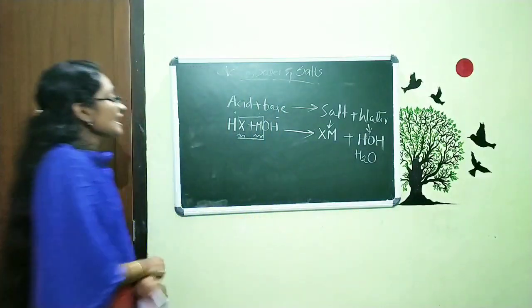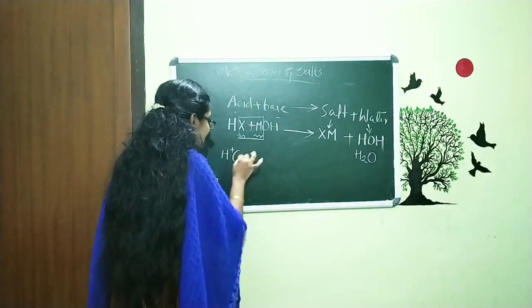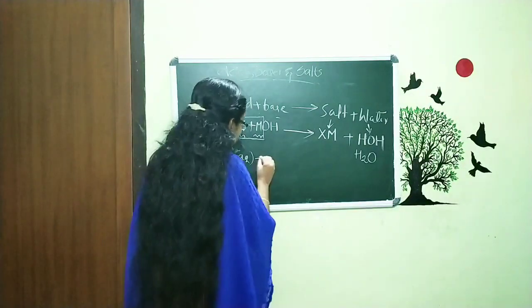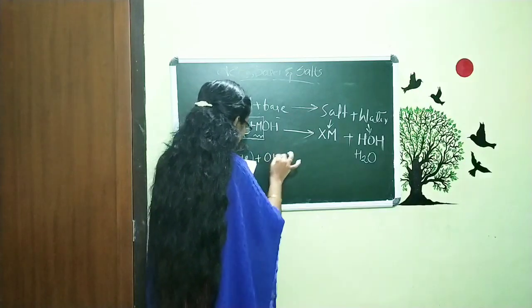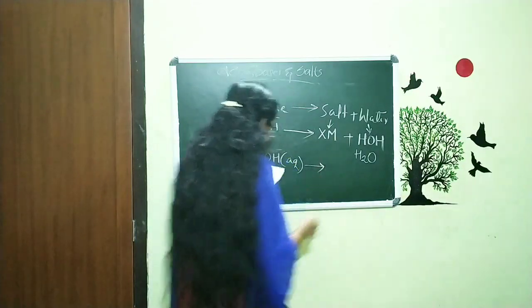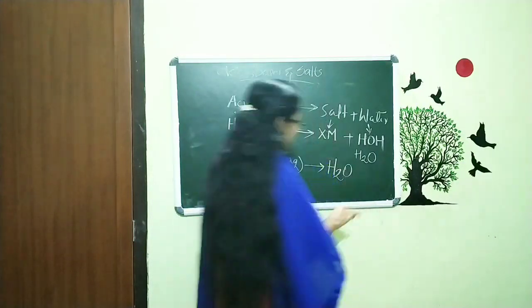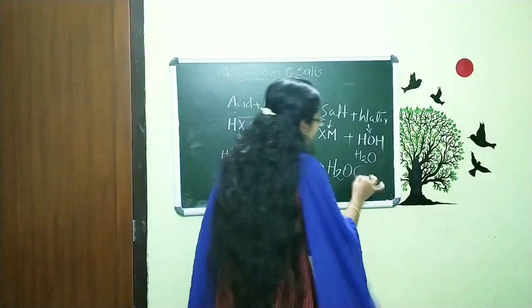So we can write it as, when this H plus, that is in aqueous form, reacts with this OH minus, that is also in aqueous form, we get the product as H2O. That is water, in the liquid state.